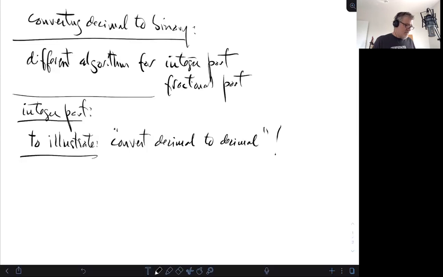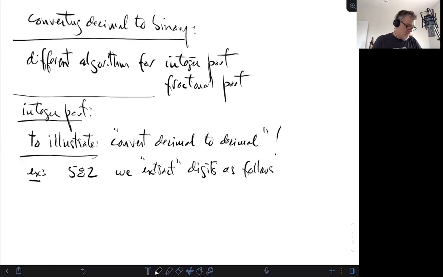Okay, so here's an example. What I'm going to do is take the number 582 in decimal, and I'm going to try to extract the digits as follows.